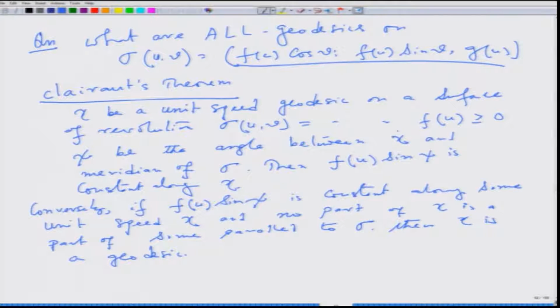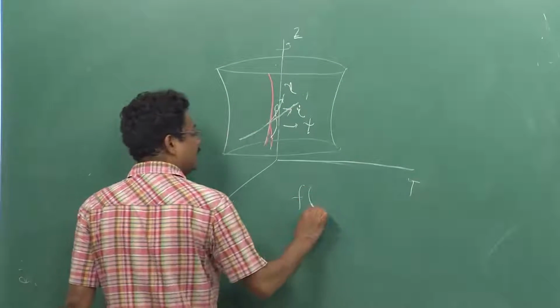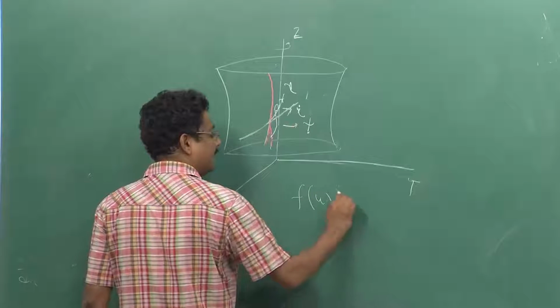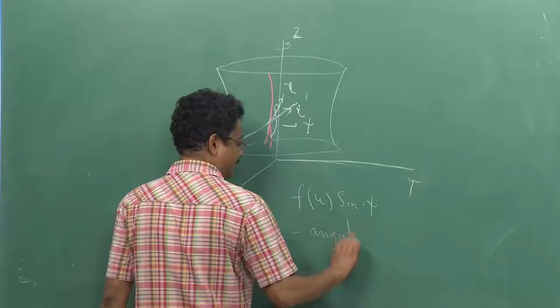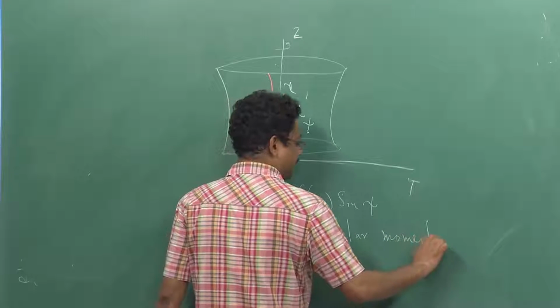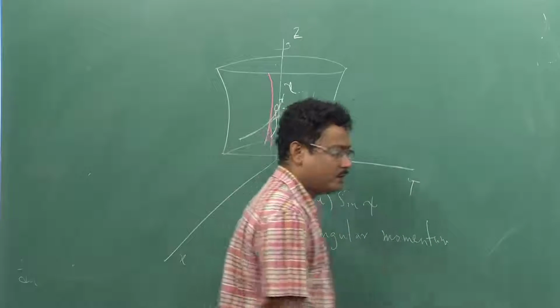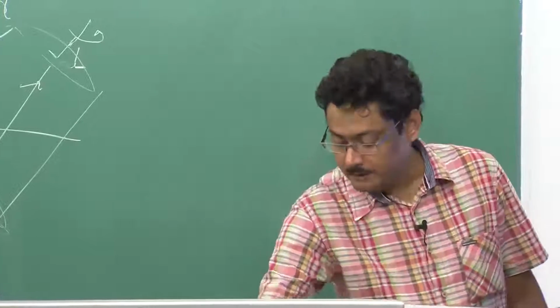Okay, what is this quantity? Suppose you are travelling along a geodesic. What is f(u) sin u? If you are travelling along a curve gamma, then f(u) sin psi, if psi is this angle, is just the angular momentum in kinematics. And what it says is, to be a geodesic, angular momentum must be preserved.